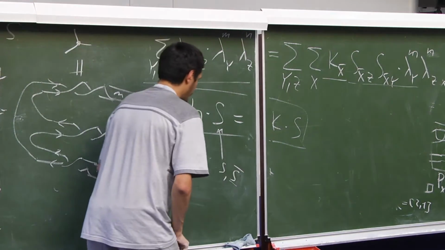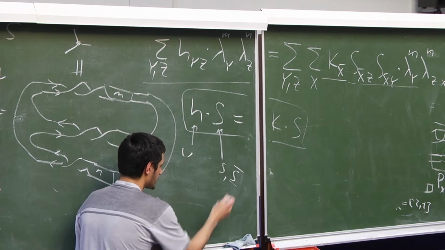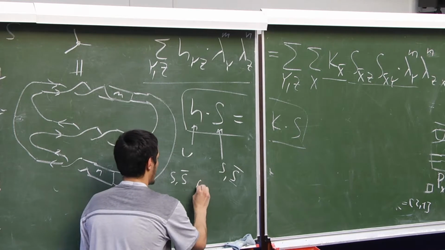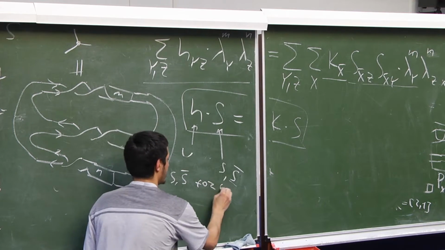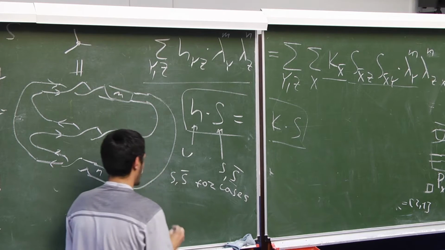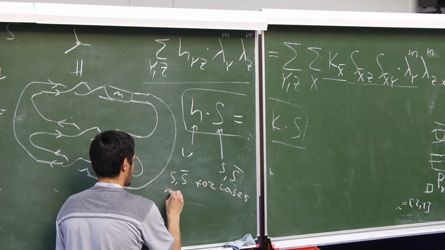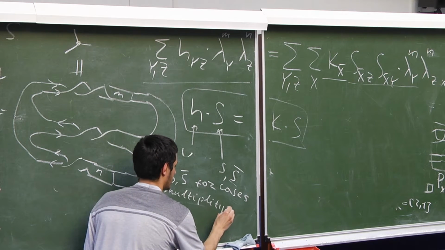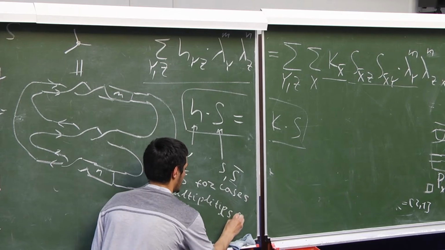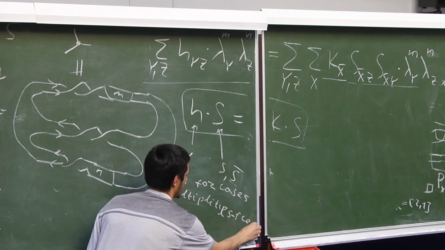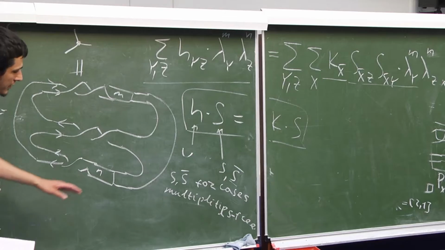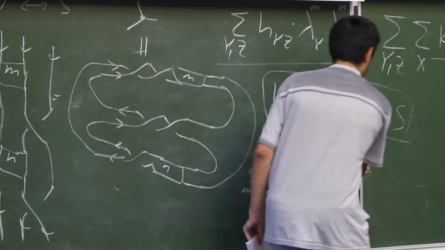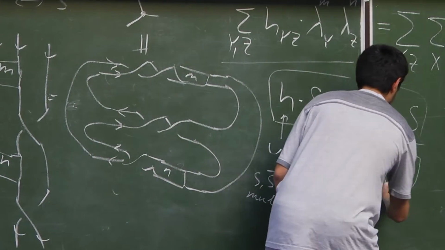So this is the way to compute, for example, S and S bar matrices for cases of so-called multiplicity free. In terms of Young diagrams, it means that we should consider only diagrams of a rectangular form.